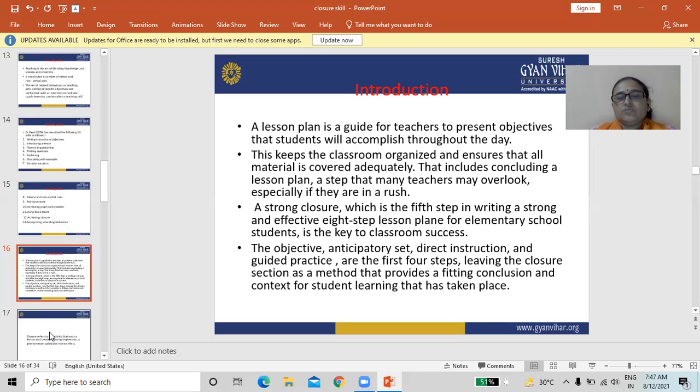The objective, anticipatory set, direct instruction, and guided practice are the first 4 steps, leaving the closer section as a method that provides a fitting conclusion and content for student learning that has taken place.